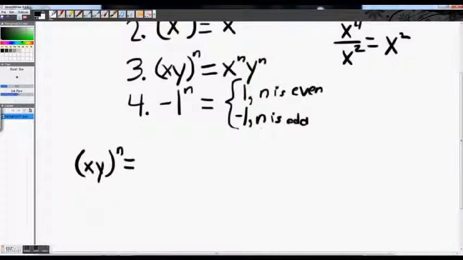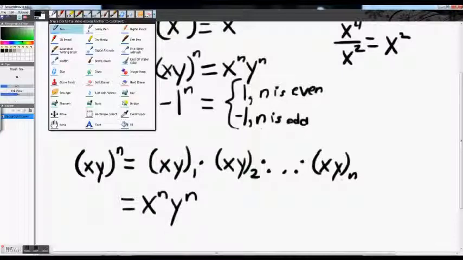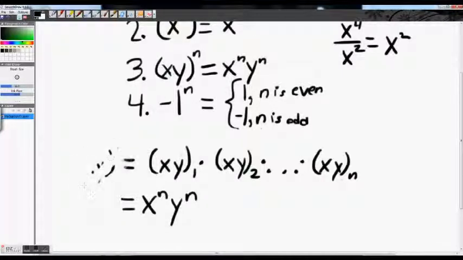That would obviously mean we're just taking xy times xy, and so on, to the nth xy. So that means that we have n x's and n y's in this, which means we are raising each one to that power n times and multiplying them. So, there you go.